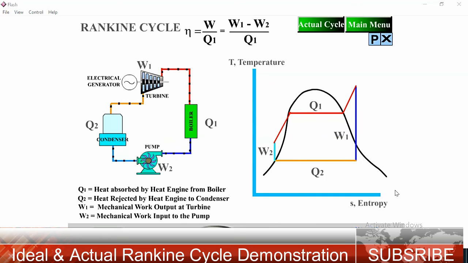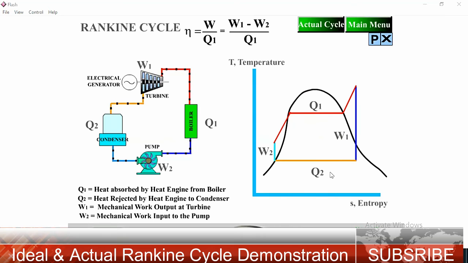In the TS diagram, you can see Q1 is the boiler heat, W1 is the work done of the turbine, W2 is the work done of the pump, and Q2 is the rejection of heat in the condenser. So this is the TS diagram and the process: 1, 2, 3, 4, 5, 6 and back to 1.